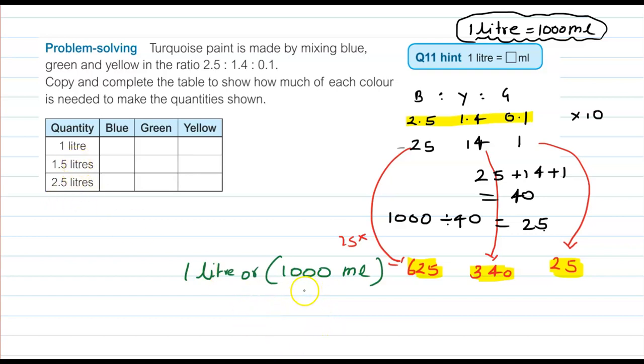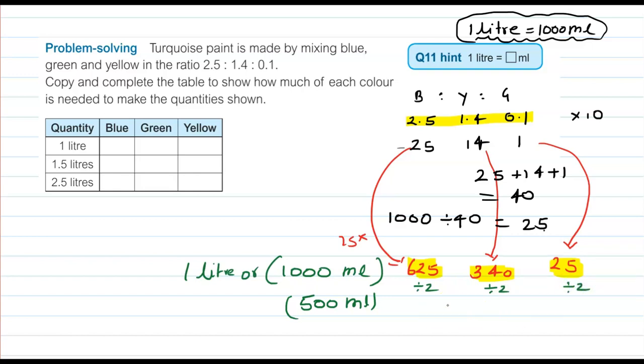If we want the same thing for 500 ml, then what do we need to do here? See, this is divided by 2, this will be divided by 2, and this will be divided by 2. Is that okay?